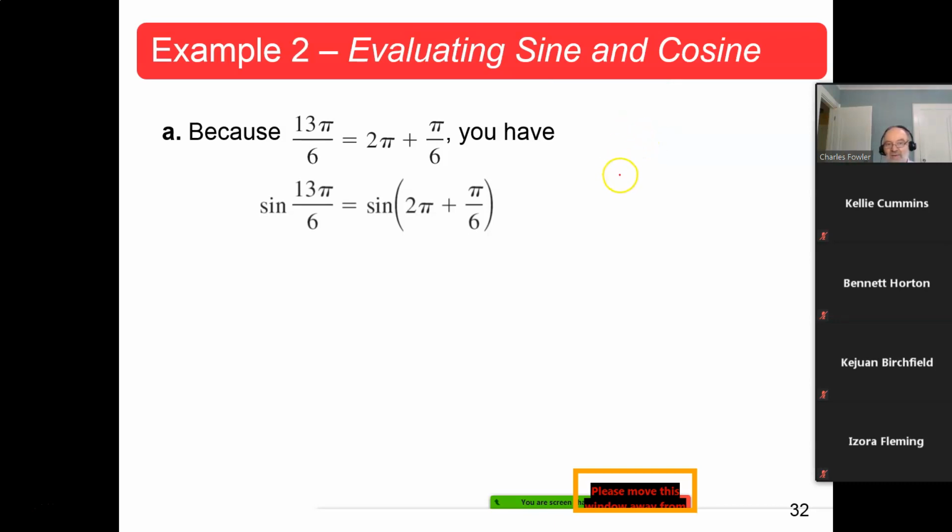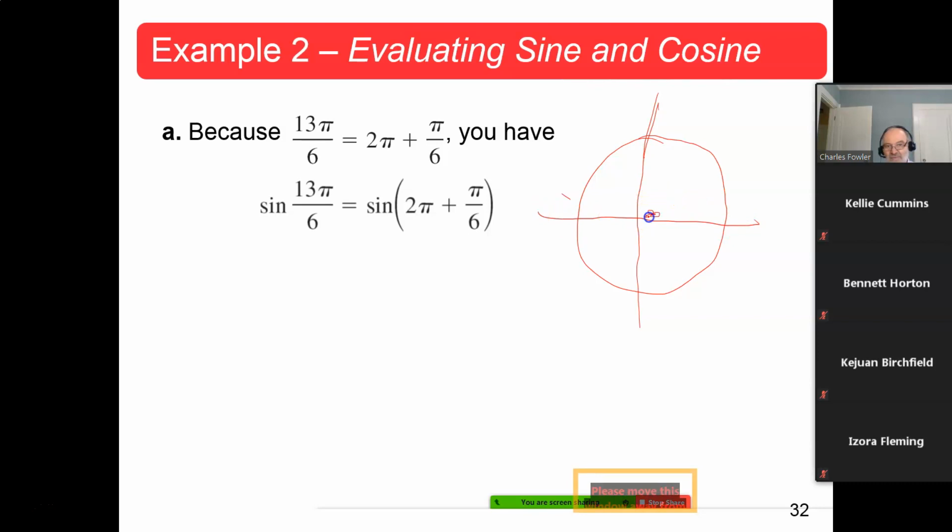Okay, well, 13 pi over 6, let's wait a minute here. I'm going to try to draw my ugly circle again. Okay, I'll try to draw a vertical line, a horizontal line.